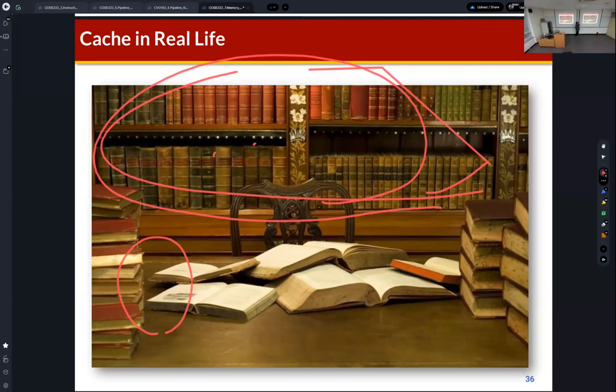So if I want to study with this book, this book, and this book, 1, 2, 3, but these books are in the bookshelf, then we need to pick up the target book, book number 1, from the bookshelf, and then move to the desk.